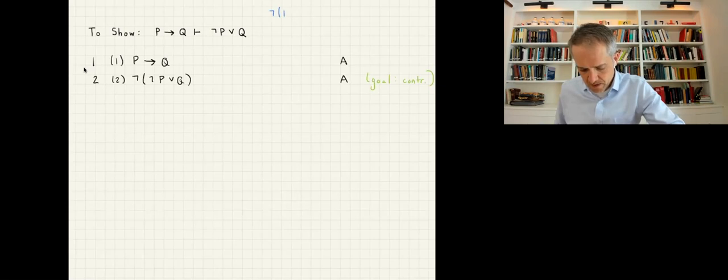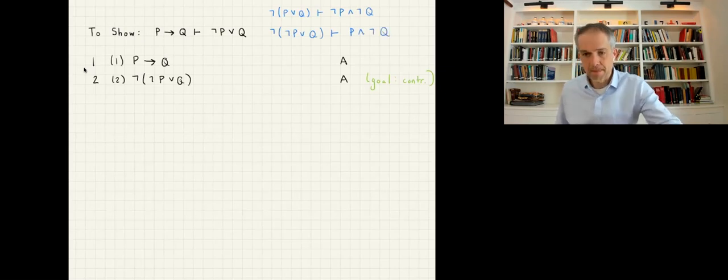So not P or Q can be used to derive not P and not Q. Okay, in the same way, not P or Q can be used to derive P and not Q. Okay, now, if that's too fast for you, just hold on. We'll do it again in this proof.